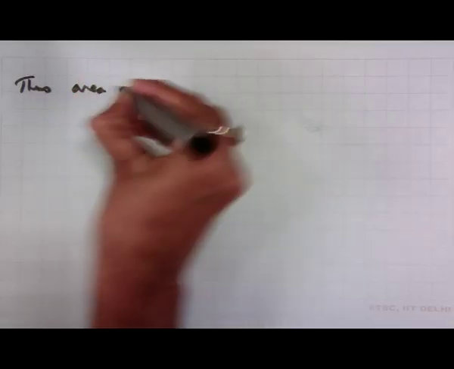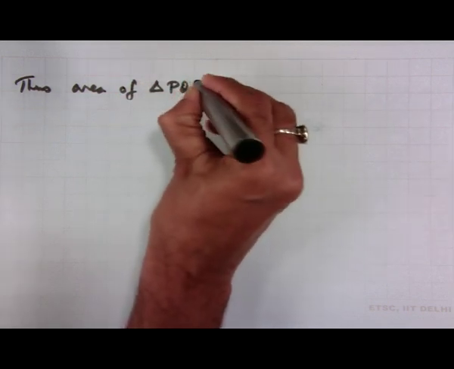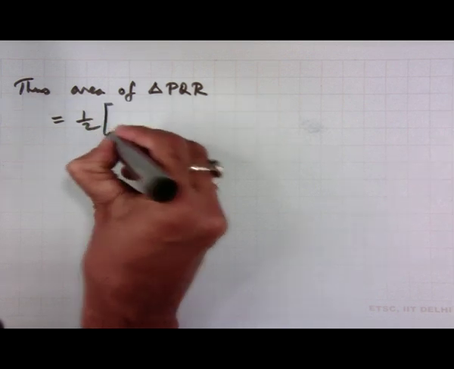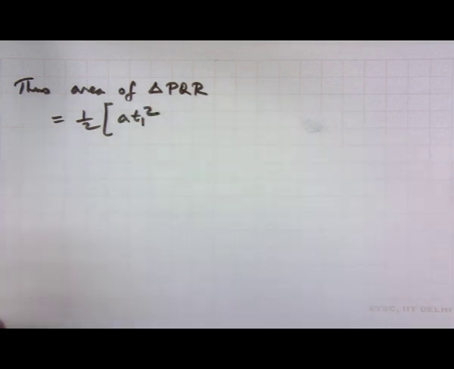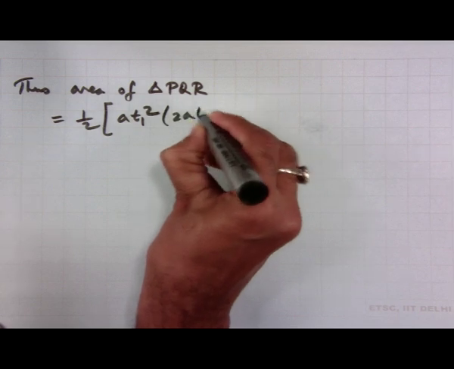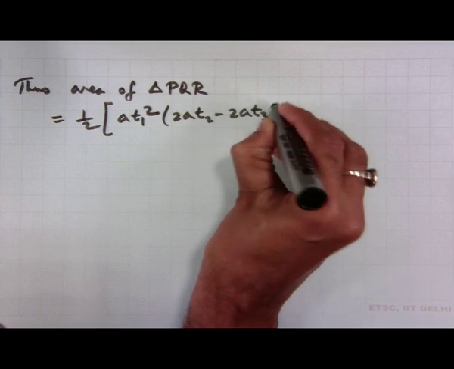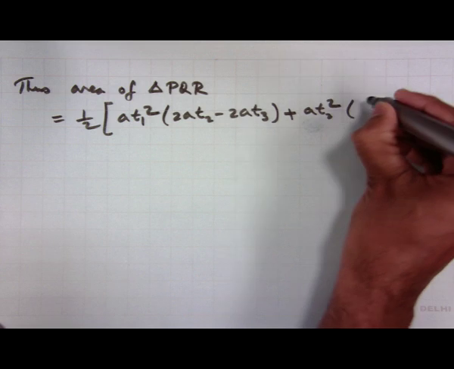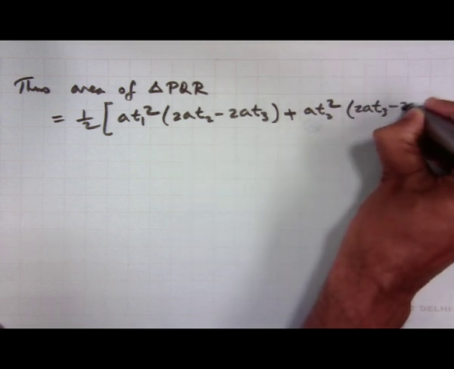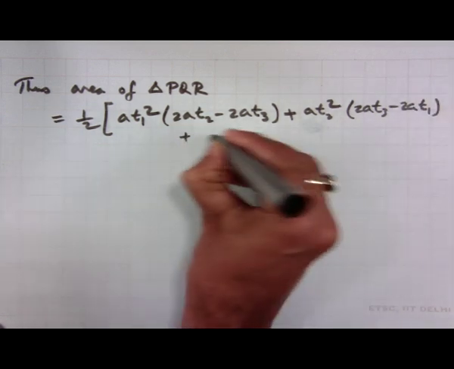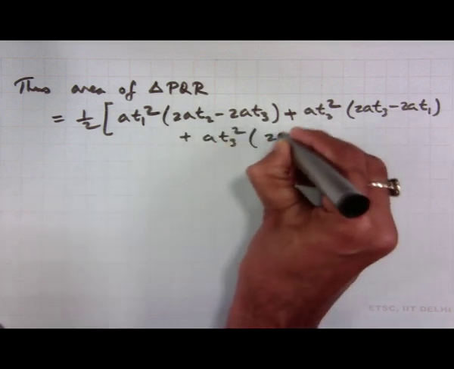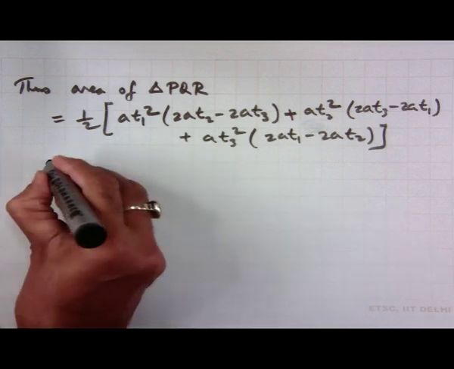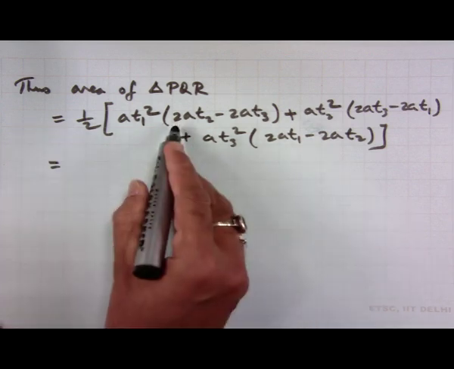So, thus area of triangle PQR is equal to half times x 1, which is a t 1 square, times y 2 minus y 3, so 2 a t 2 minus 2 a t 3, plus x 2, a t 2 square, times y 3 minus y 1, 2 a t 3 minus 2 a t 1, plus x 3, a t 3 square, 2 a t 1 minus 2 a t 2, which is equal to 2 a square.